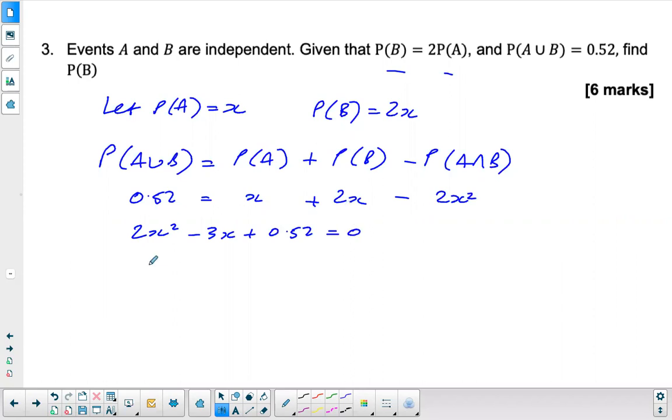You can use the quadratic formula, you can use a calculator, whatever. My default is always to try to factor first, and that gives you X minus 0.13, not 0.13, 1.3.